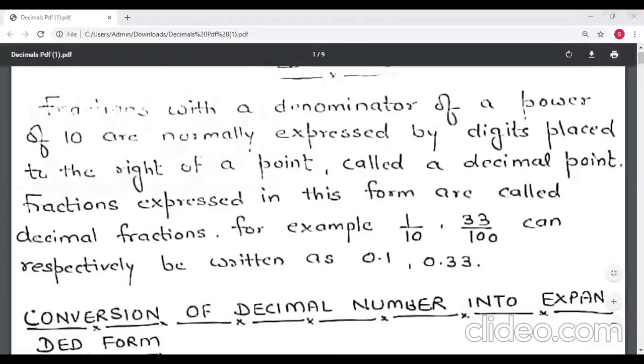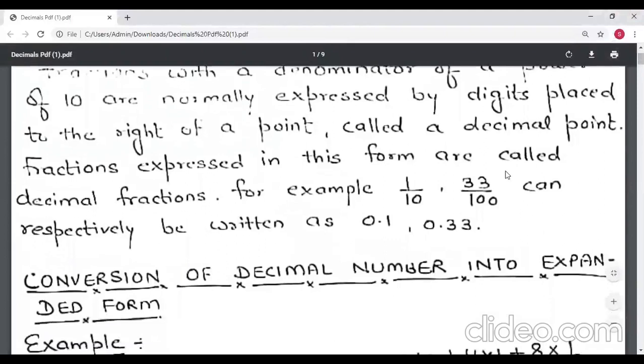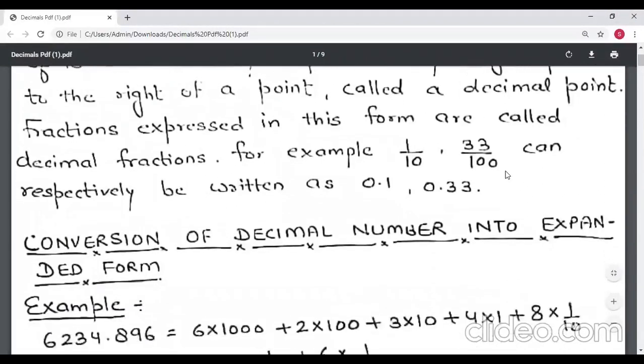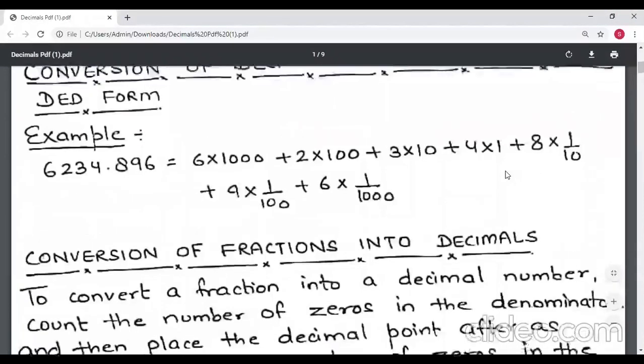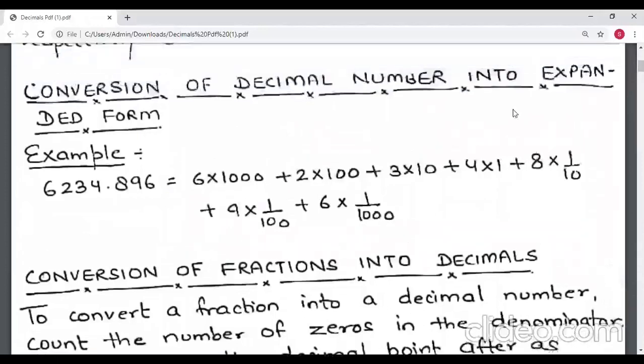Now, let us study how to convert a decimal number into expanded form. When we have to convert any number into expanded form, we use the place value of the given digit.